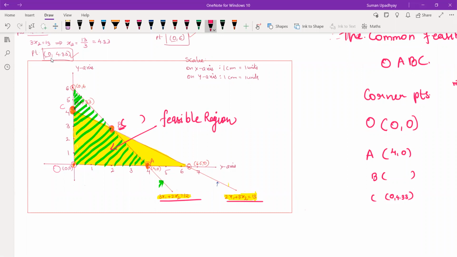X1 as 2. X1 you got 2. Okay, right. And the other coordinate is 3. 2,3. That's absolutely right. So this is 2,3.